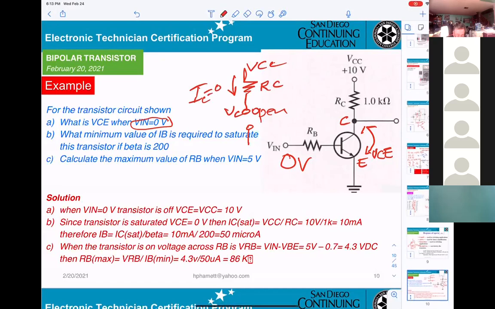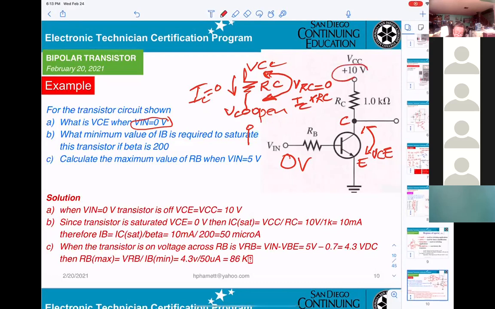So the voltage drop across this resistor, VRC, equals IC times RC, and IC equals 0, so VRC equals 0.